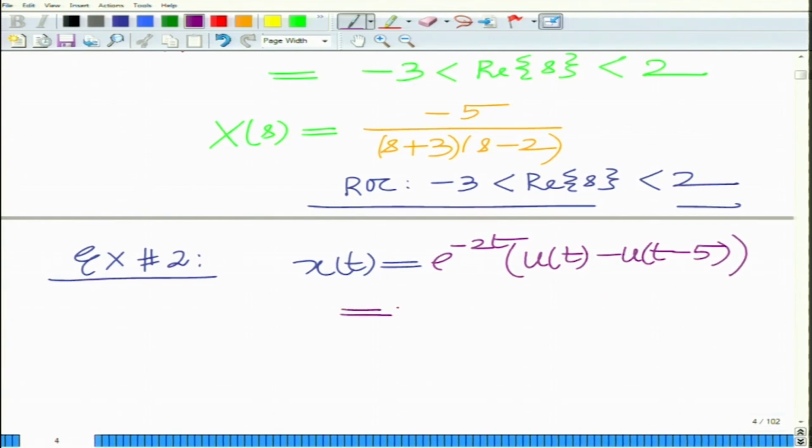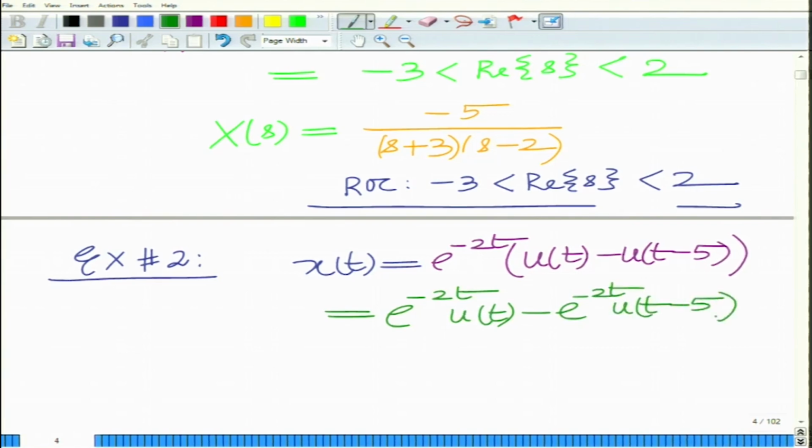Let me simply write this as e raised to minus 2t u(t) minus e raised to minus 2t u(t minus 5).